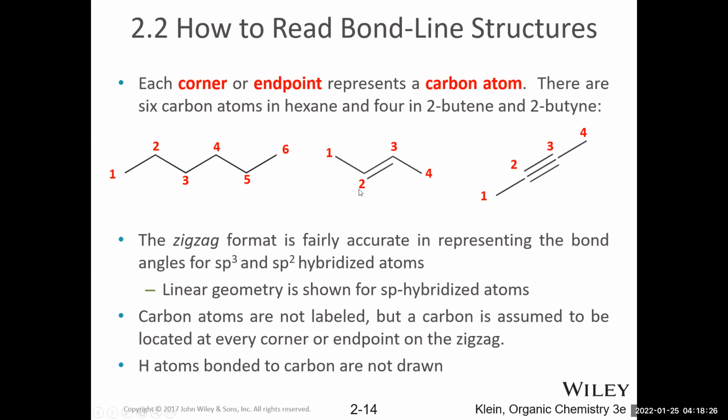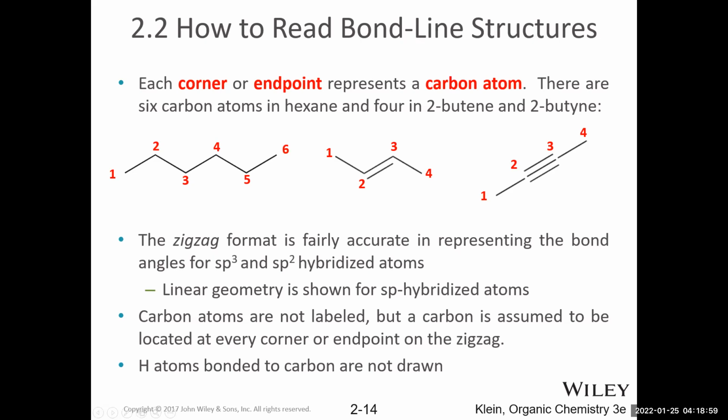What about double bonds? Double bonds are drawn in to the structure. They can be drawn in between any 2 atoms, like for example, the carbon at 2 and 3 in this second structure. We can also draw triple bonds between 2 carbons. If we draw a triple bond, however, we need to show the most optimal geometry. Specifically, these 2 carbons at carbon 2 and carbon 3 in butene are sp hybridized.